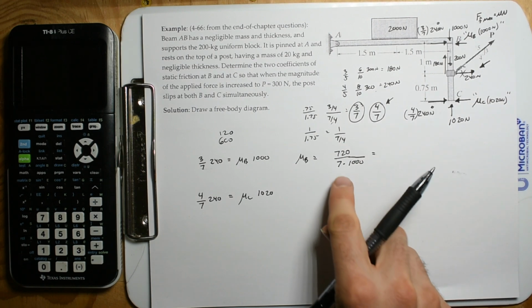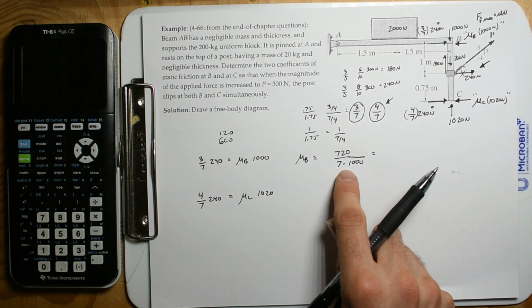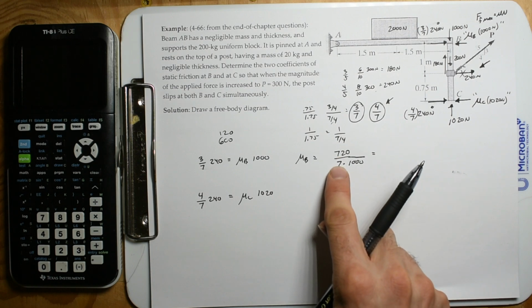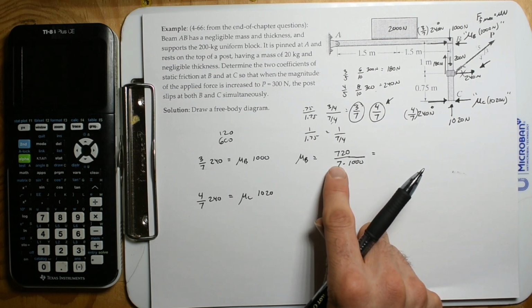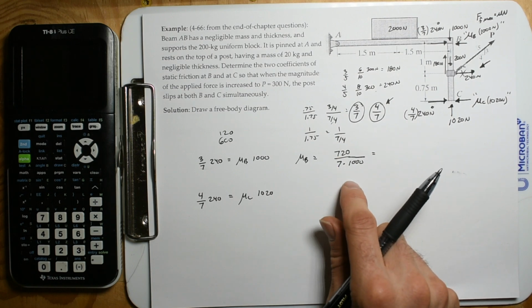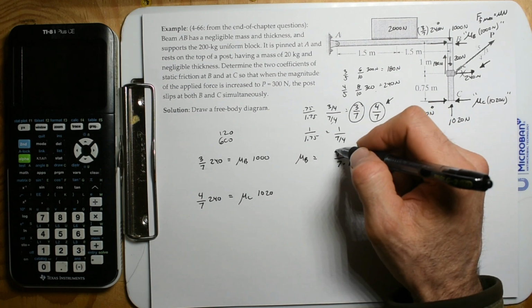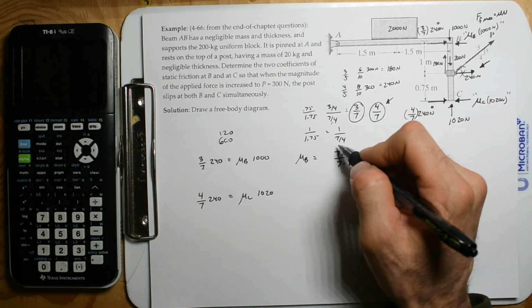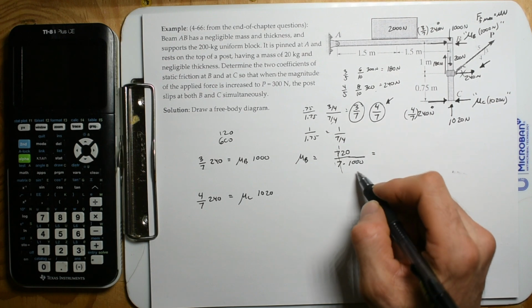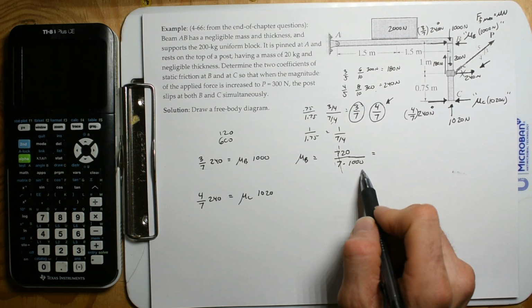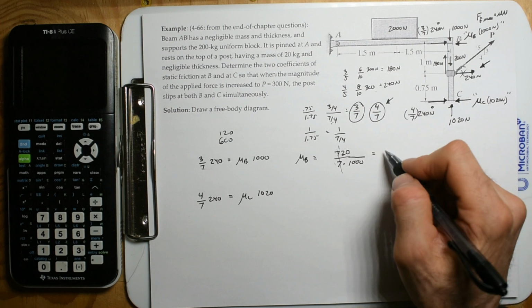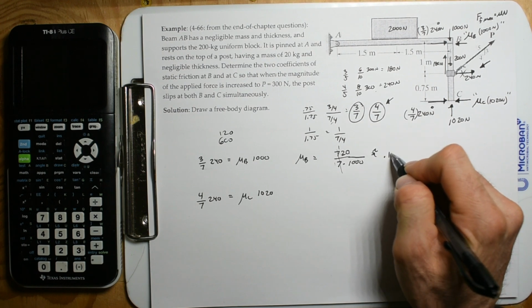And this is where I was able to guess. Anytime you have a 7 down here, I could just cancel those 7s, and then just move this decimal place 3 locations, and we're very equivalent to 0.120.